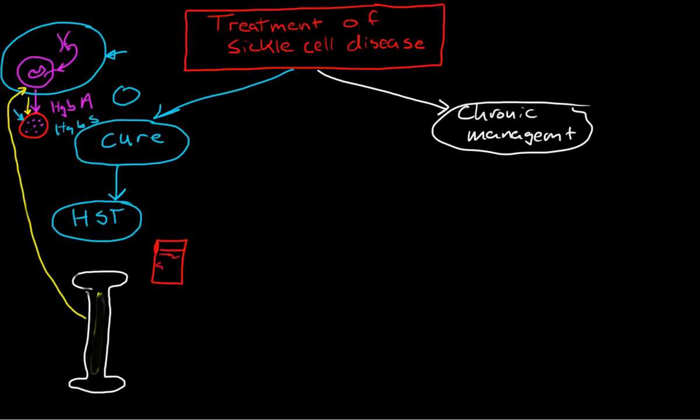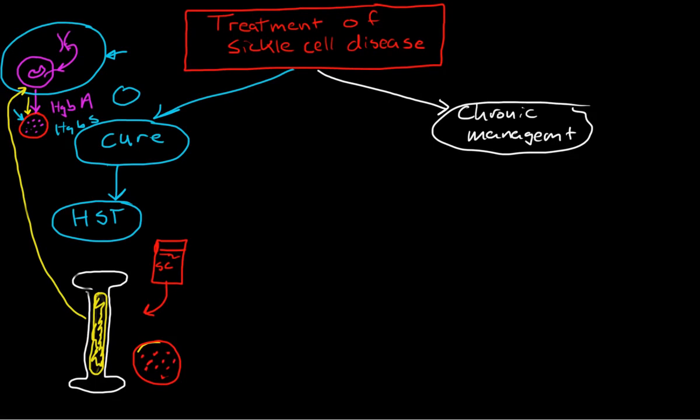We take these stem cells and insert them through an IV into the bloodstream of the sickle cell patient, and this allows new healthy marrow to grow. This new marrow has erythropoietic stem cells that create hemoglobin A instead of hemoglobin S. So we have new healthy erythrocytes with hemoglobin A.